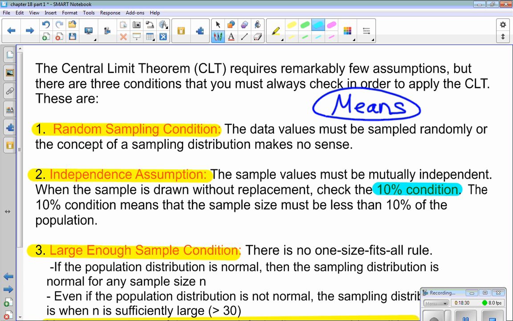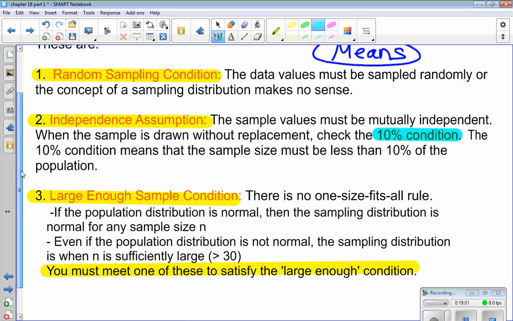In our case with the NFL salaries and the sticks, they weren't collected independently of each other. However, the largest sample size we got was 15. Is 15 less than 10% of the population? Sure, there are definitely more than 150 players in the NFL, correct? I think each team has 50-some players, 52, 53, something like that. So we met that condition.